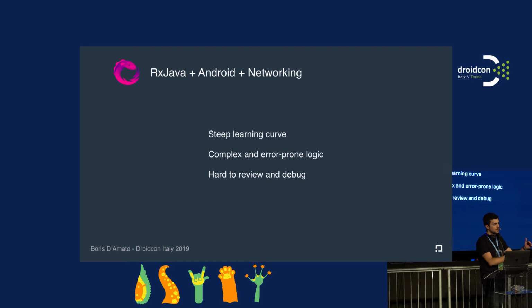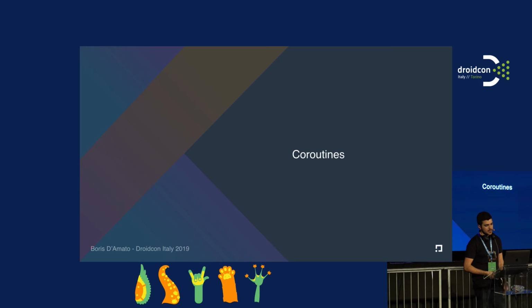Because it's really hard to understand, for example, if you have a flatMap, you're actually changing what the next operator is receiving. So you have to keep all this transformation in mind. And the purpose of this talk is presenting you with a simpler solution for networking specifically, which is coroutines.